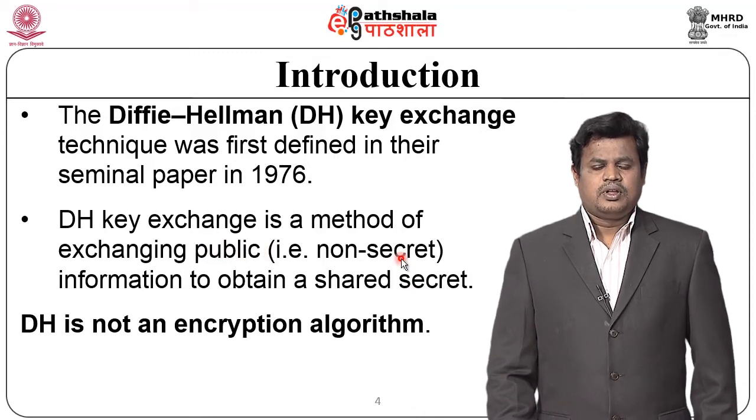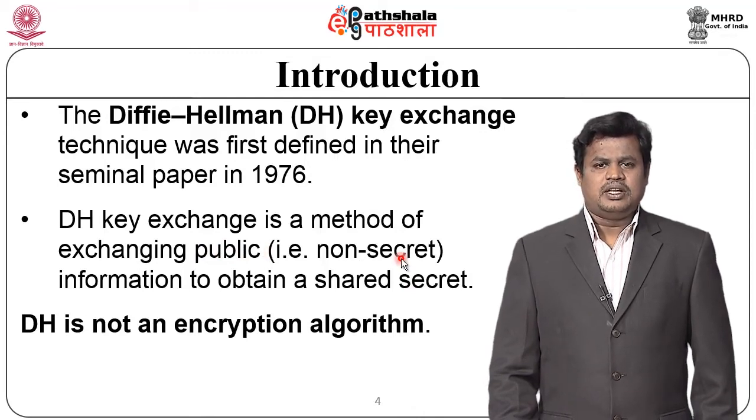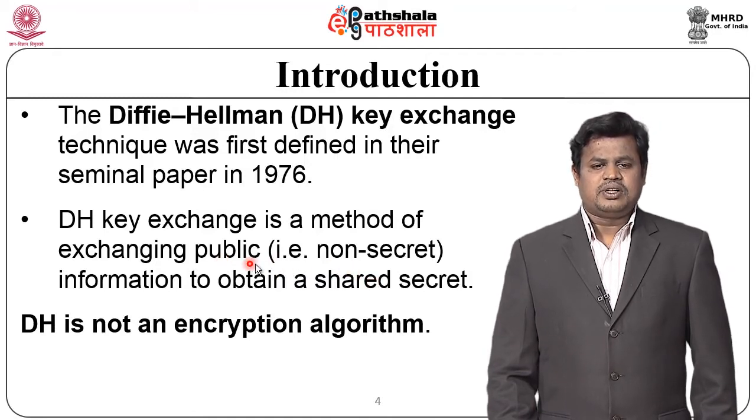So Alice and Bob, if they are communicating, use only their public information, not the secret information. From the public information they derive the secret information. That is the core idea behind this DH key exchange algorithm.